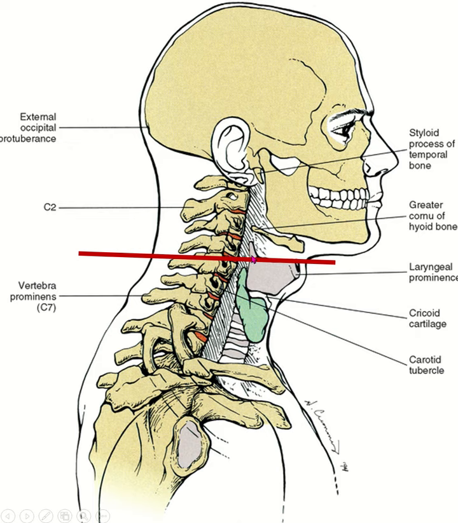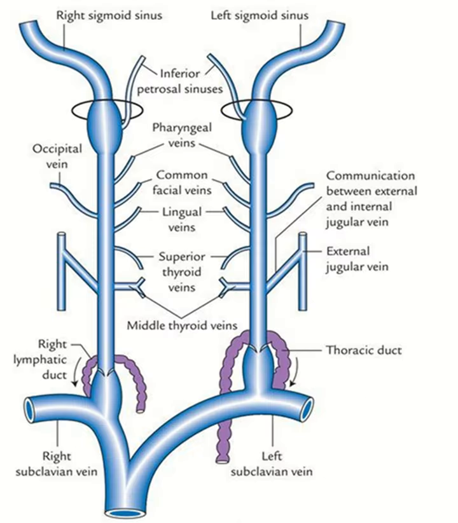So below this line, the internal jugular vein is found just lateral to the common carotid artery. So this information is very important for internal jugular vein related procedures.